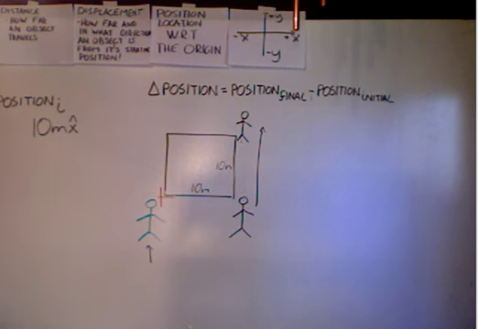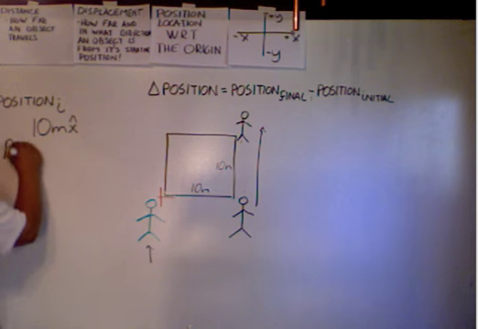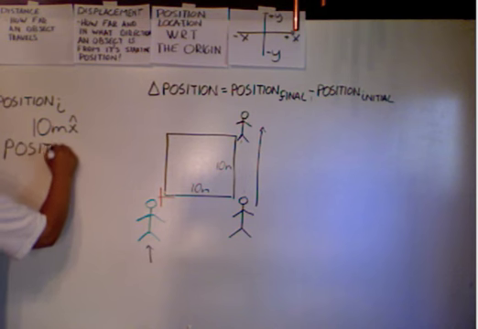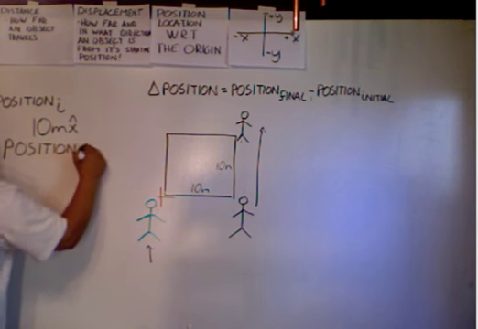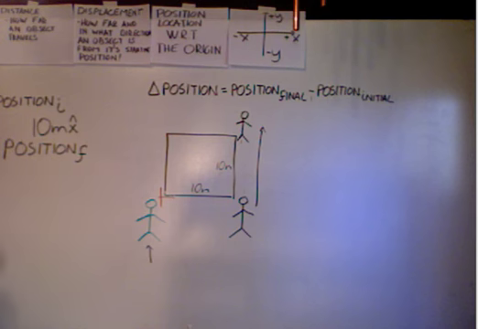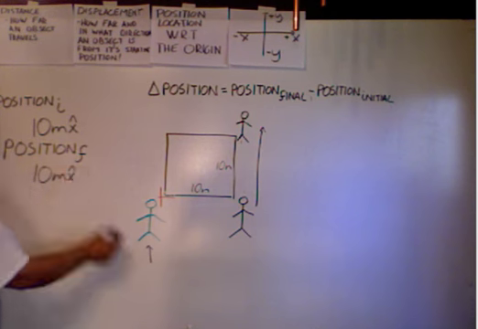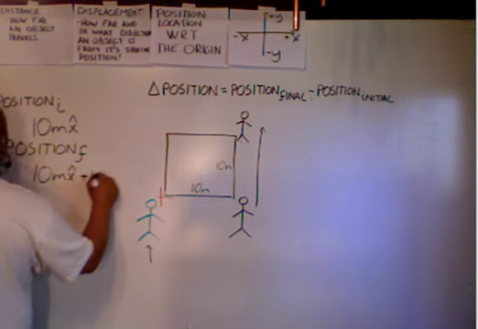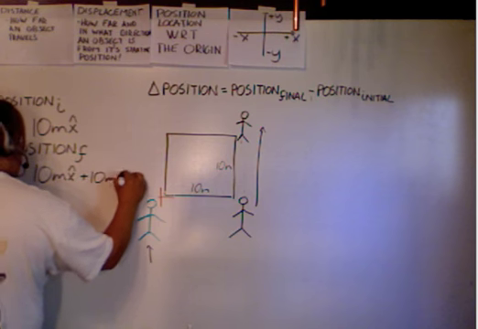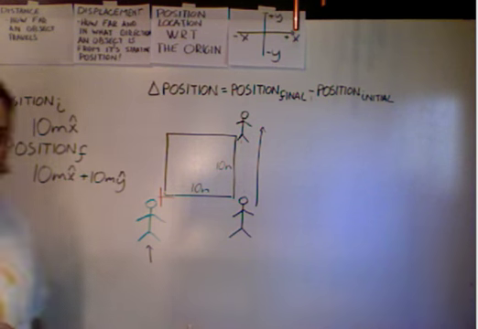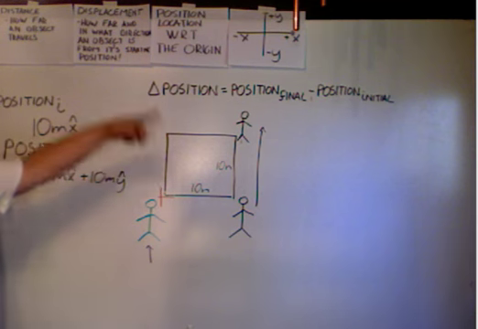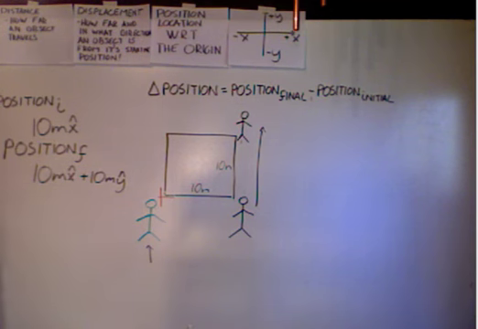His final position, well, he starts off being 10 meters away in the x direction and then moves in the y direction by 10 meters, positive y direction. Okay? Cool? So 10 meters in the x direction, 10 meters in the y direction. That's his final position. I'm going to go to the other side to do the mathematics on that.